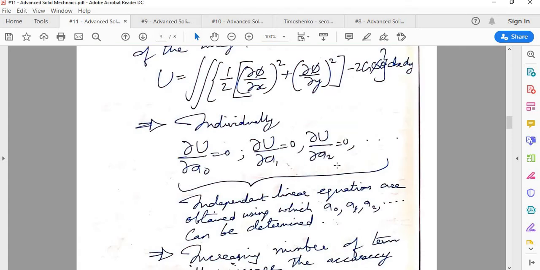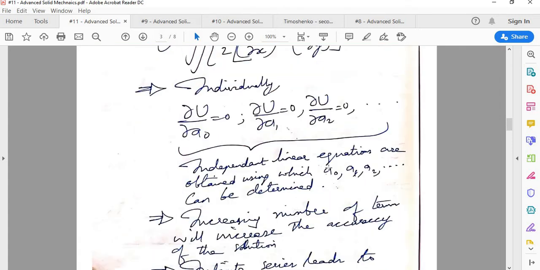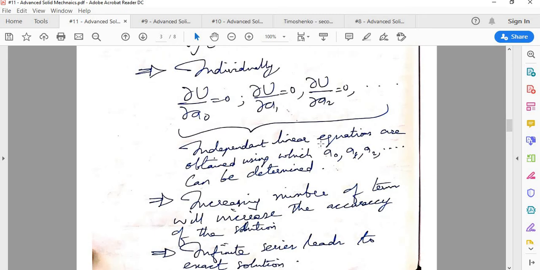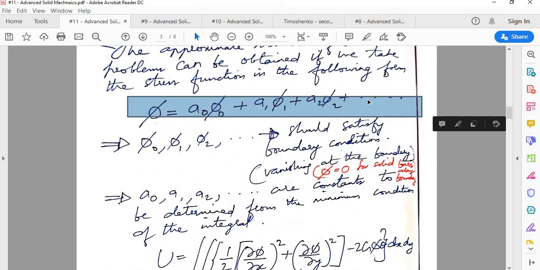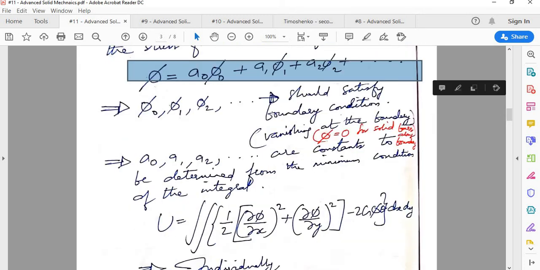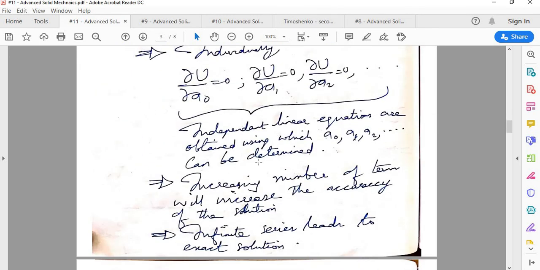So you will have as many equations as the unknowns to be solved, using which you can solve for a0, a1, a2 etc. So once you solve for a0, a1, a2, etc., you can plug it in this particular expression and you will get the final expression for phi. Now when you get the expression for phi, all the remaining things you can solve, as we have seen.